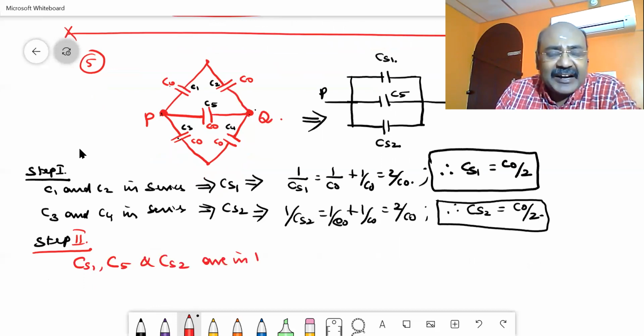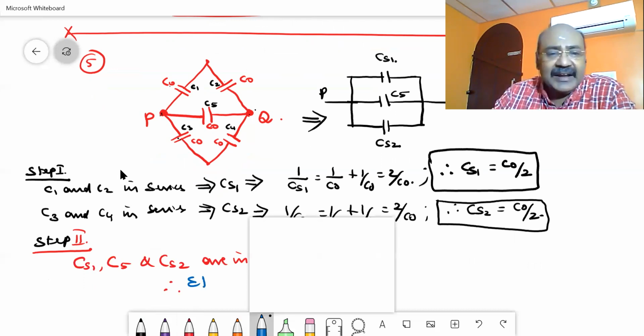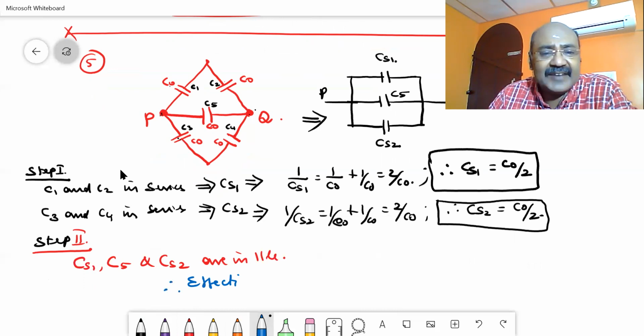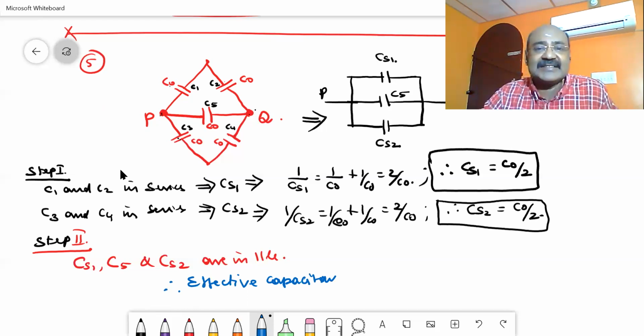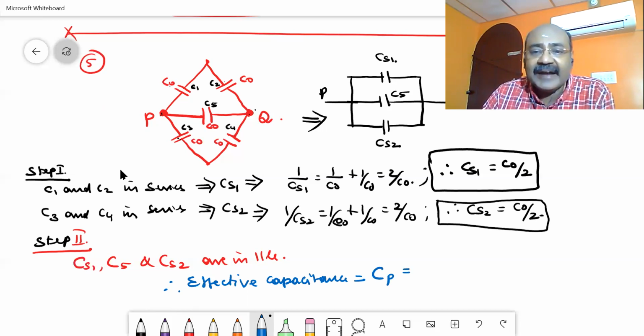That is the effective capacitance, the parallel combination of all these three, which I can write as Cp. So Cp is equal to CS1 plus CS2 plus C5.